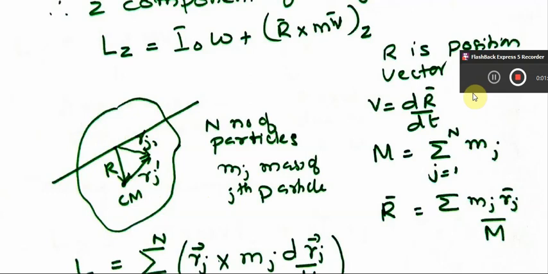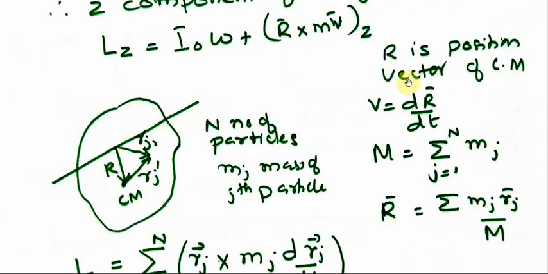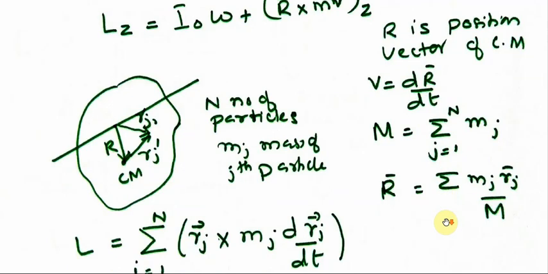So r is the position vector of the center of mass, and v, the velocity with which it is moving, is d by dt of r. The total mass m is the sum of all n particles, sum over j equal to 1 to n of mj, and r is equal to sum over mj rj by m.